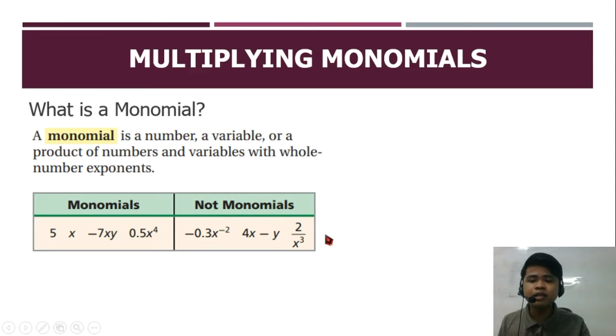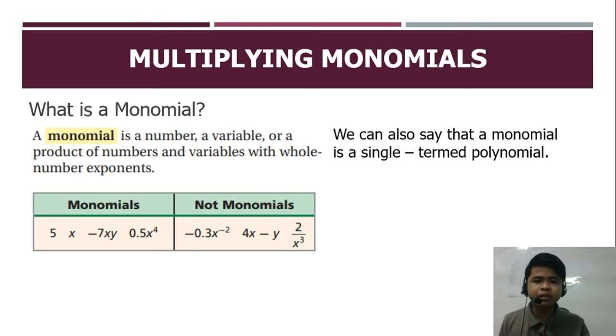This can't be considered a monomial because the variable with exponent is in the denominator of the rational expression. So, bawal na ang variable na merong exponent ay maging denominator. Dapat numerator lang yung variable na merong exponent para makonsider siya as a monomial.